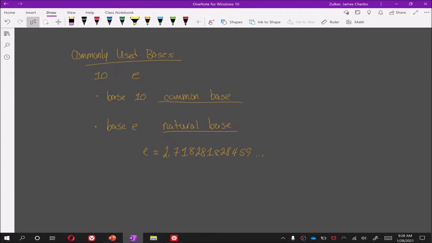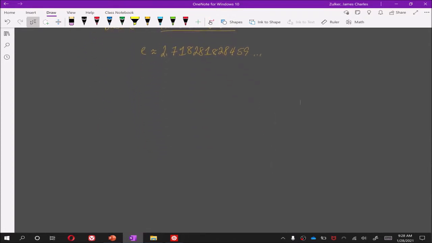Let's now look at some examples for exponential functions. This first example is going to be looking at using laws of exponents. If we have 16 to the 7 over 4 times 16 to the negative 1 over 2, this is 16 to the 7/4 minus 1/2.